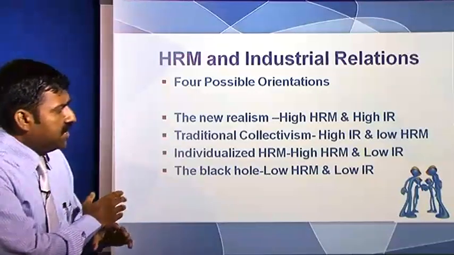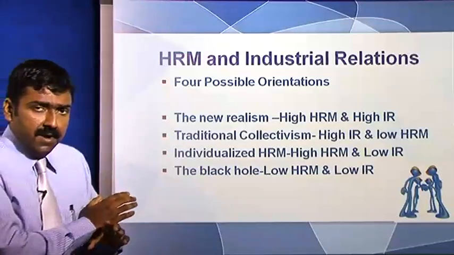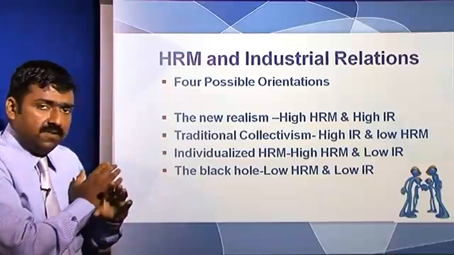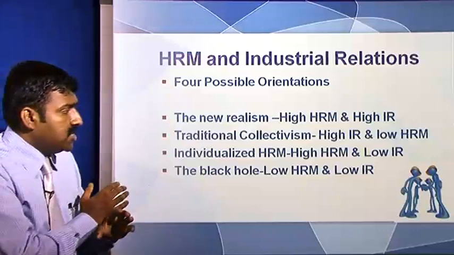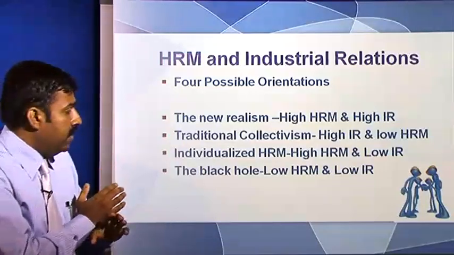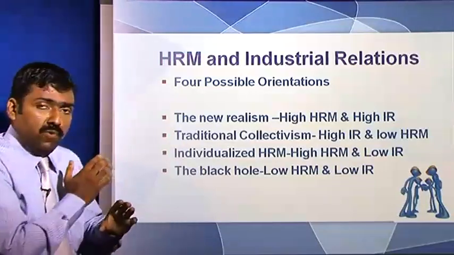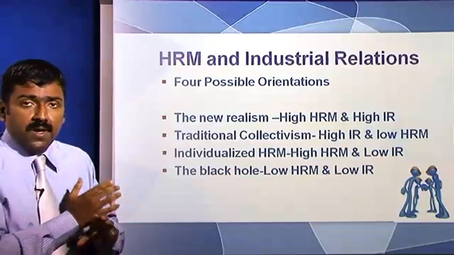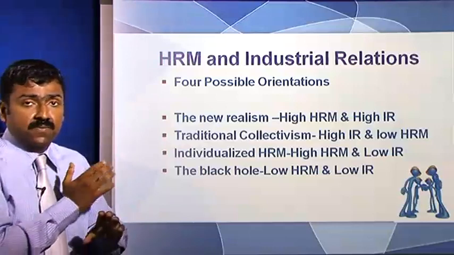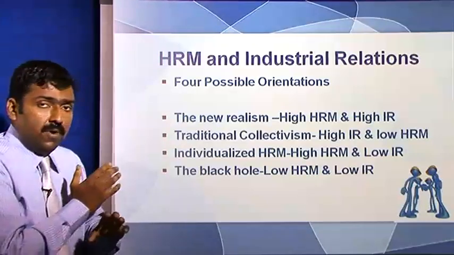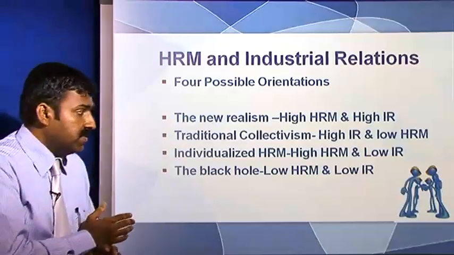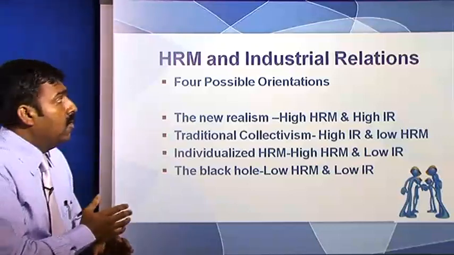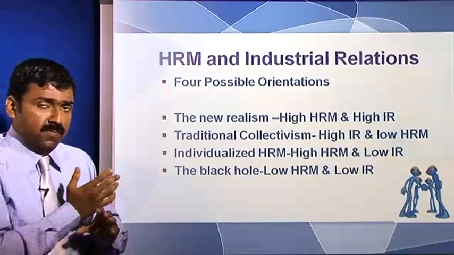Then we have traditional collectivism, wherein you have high IR and low HRM practices. Third is individualized HRM, where high HRM and low IR is the style, and the black hole, wherein there is no regard for HRM practices or IR practices. So obviously there cannot be any benefit or results expected from this kind of organization, with low orientation towards HRM practices and IR practices. So these are the 4 possible orientations of the HRM and industrial relations mix.